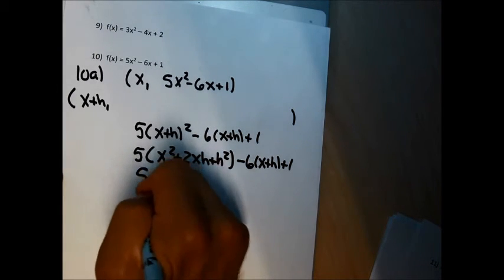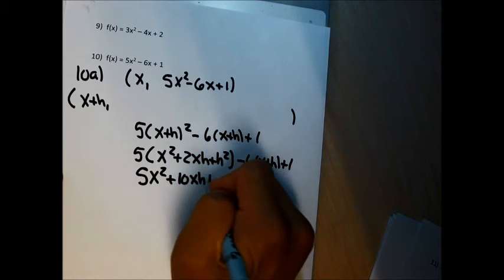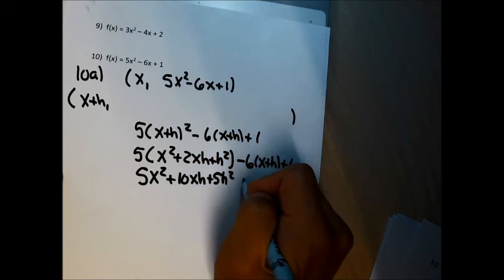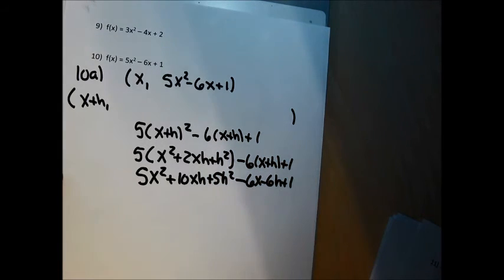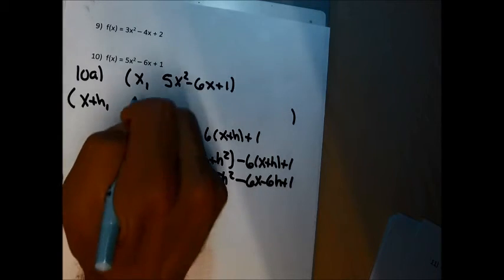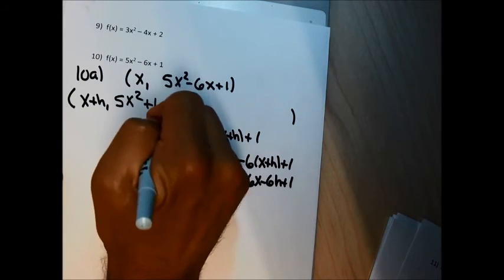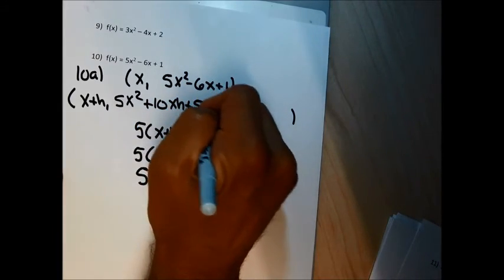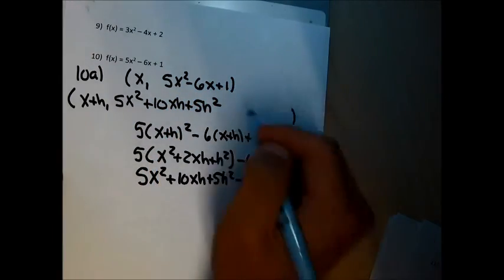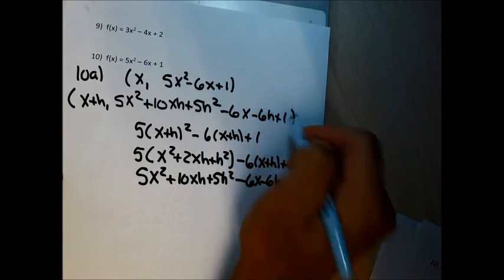So this is going to be 5x squared plus 10xh plus 5h squared minus 6x minus 6h plus 1. Nothing combines, so y2 is going to be 5x squared plus 10xh plus 5h squared minus 6x minus 6h plus 1.